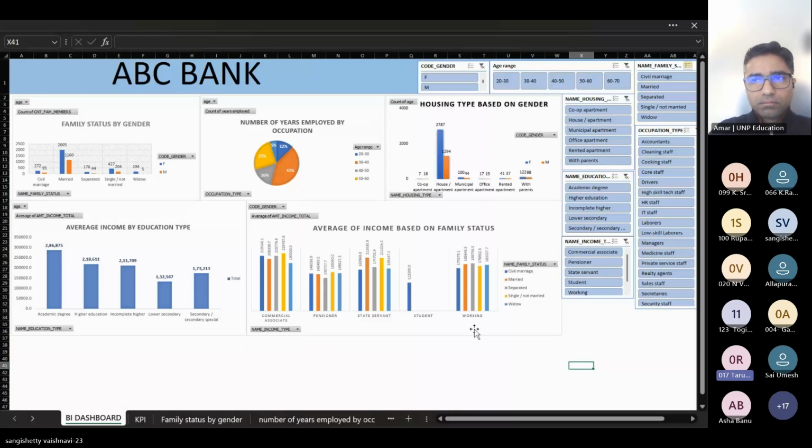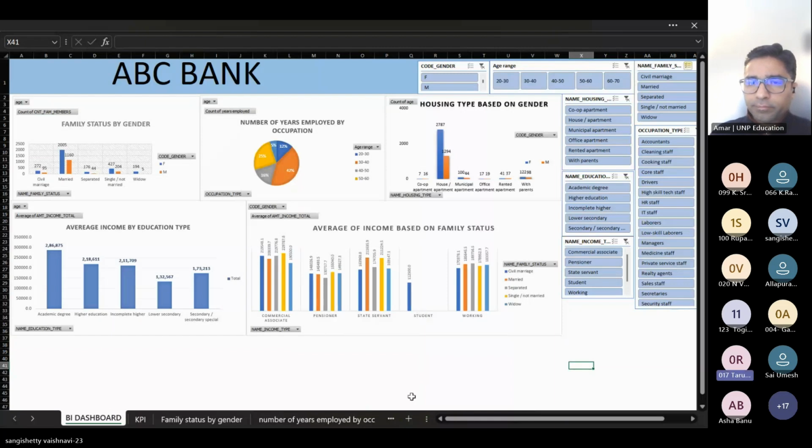And if you look at the grand total insights, the overall average income across all the employment categories is approximately 1,86,000. We can summarize this by saying that the commercial associates and state servants are the highest earning groups, while the pensioners and students earn significantly less.